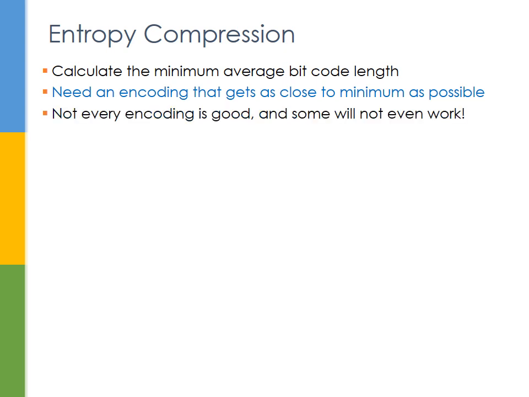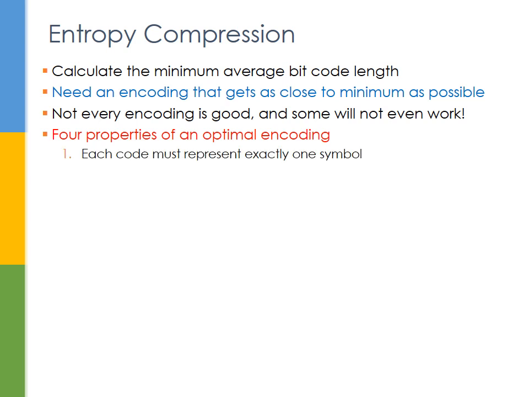Now, not every encoding is a good encoding. Not all encodings are equally good, and there are some encodings that won't even work. So we need to define some properties for an optimal encoding that actually works and gets us close to this minimum that we are aiming for. And there are 4 such properties, so we'll look at these one by one.